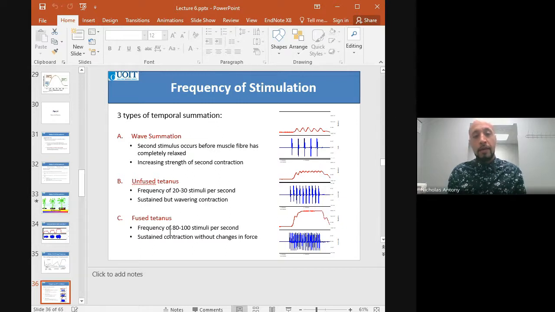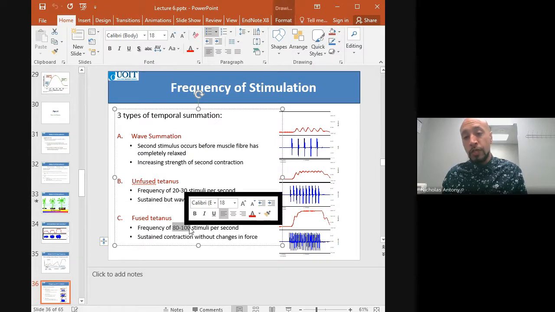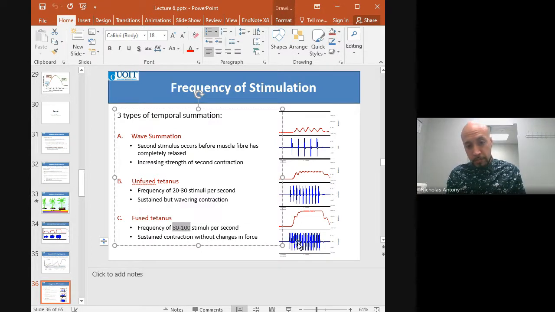Whereas if we have a firing frequency of 80 to 100, that's when we see it. See the blips. That would be the motor neuron firing 80 to 100 times a second. This all happens really, really fast. But once you reach that frequency, you get a fused tetanus, so you get a sustained contraction.